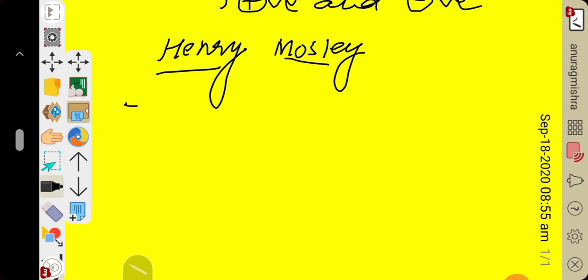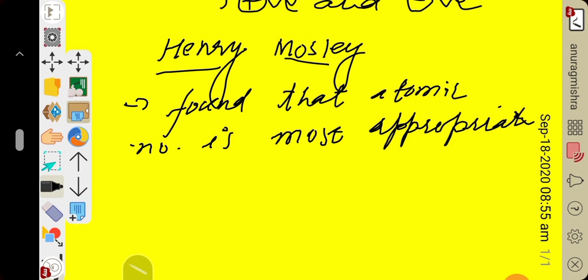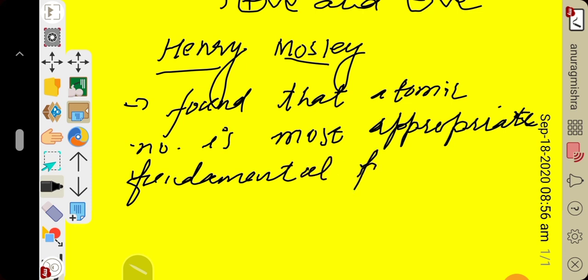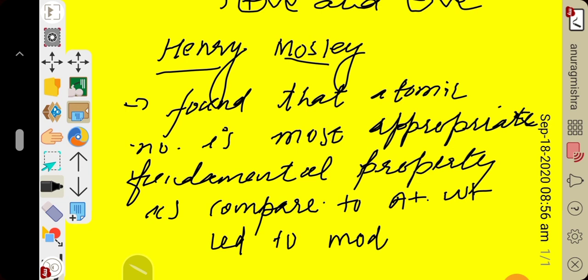Okay, so Henry Moseley found that atomic number is the most appropriate fundamental property as compared to atomic weight, which led to the development of the modern periodic table, right?